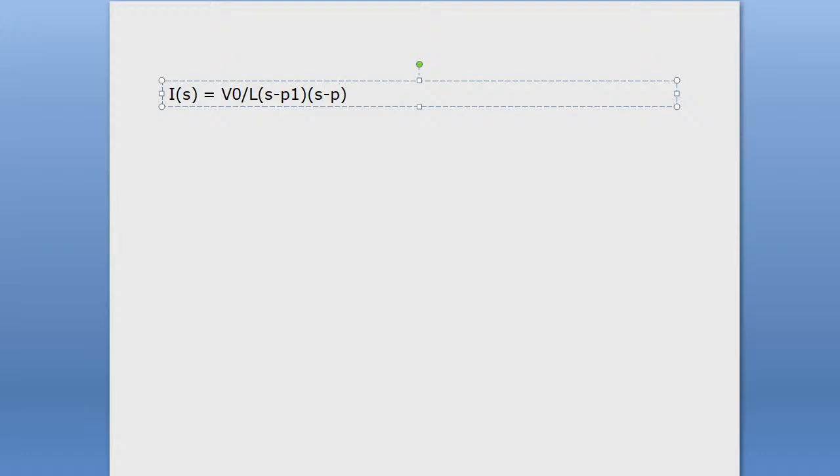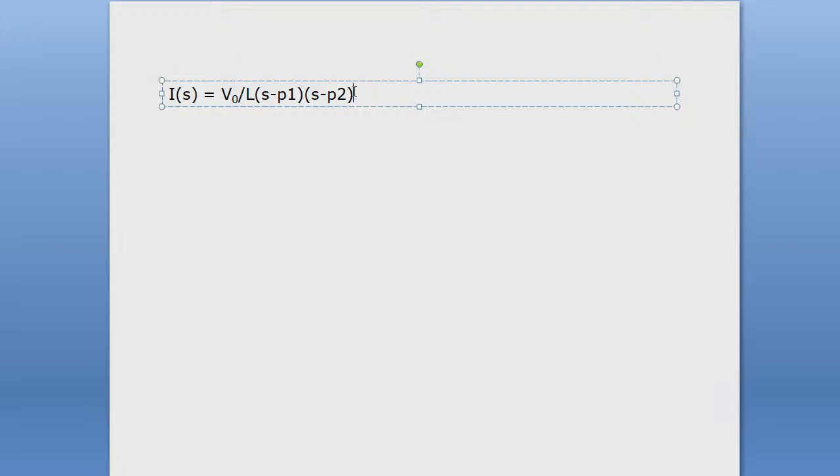If you have any confusion understanding this part, you write in your chat box. We actually express this as V naught over L, s minus p1, s minus p2, where p1 and p2 are the roots of the denominator equation.